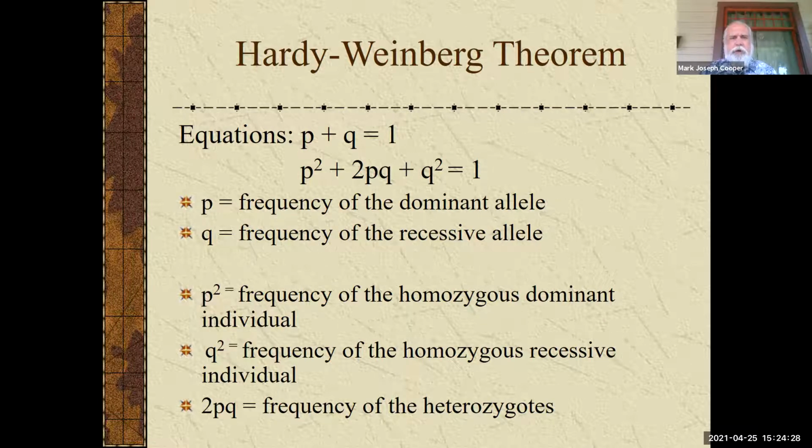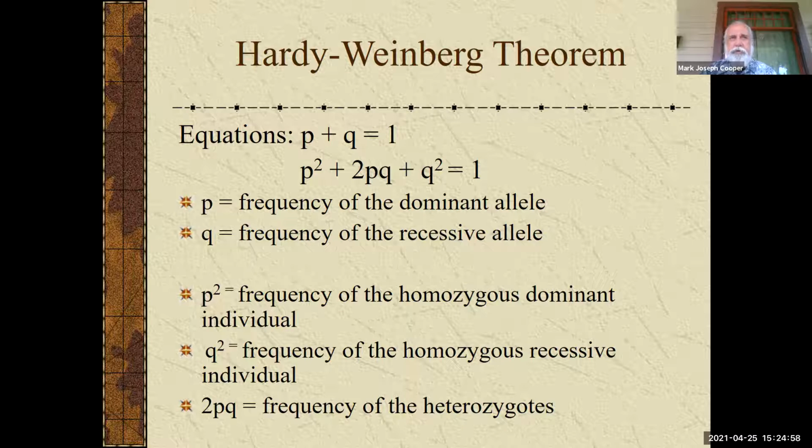The second equation is the binomial expansion of the first one. And you're going to notice there's a ratio there: 1p squared plus 2pq plus 1q squared equals 1. That is that 1 to 2 to 1 ratio that we see in a monohybrid cross for the genotypic ratio. And so p squared is the frequency of the homozygous dominant genotype.